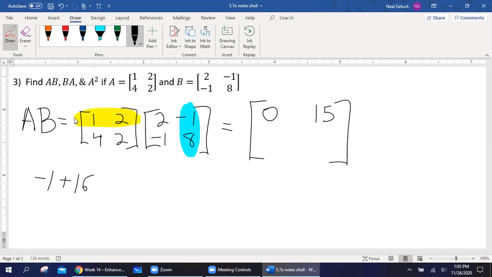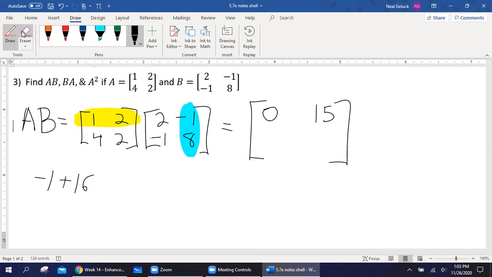I'm using row 1 and column number 2. This space is in the first row and the second column, row 1, column 2. So if I hop down here now, this is in row 2, column 1.